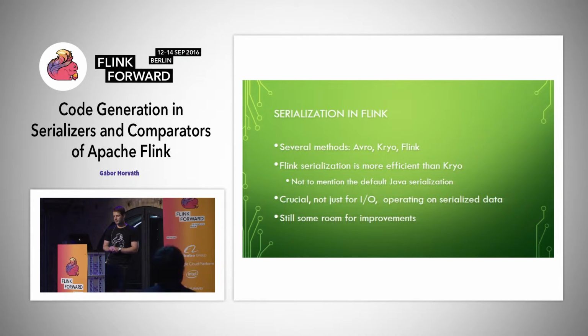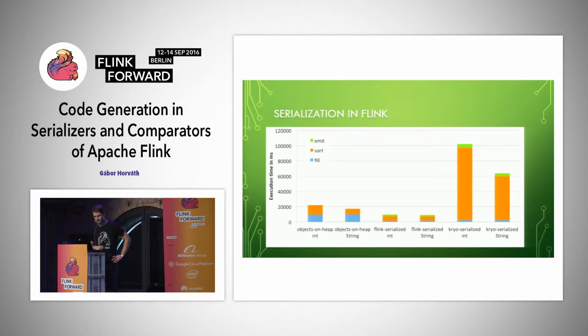Flink supports several serialization methods, including Kryo. Flink also has its own serializer, which is the most efficient of all, not to mention the default Java serialization. Although there is still some room for improvement, and that made this Google Summer of Code project possible.